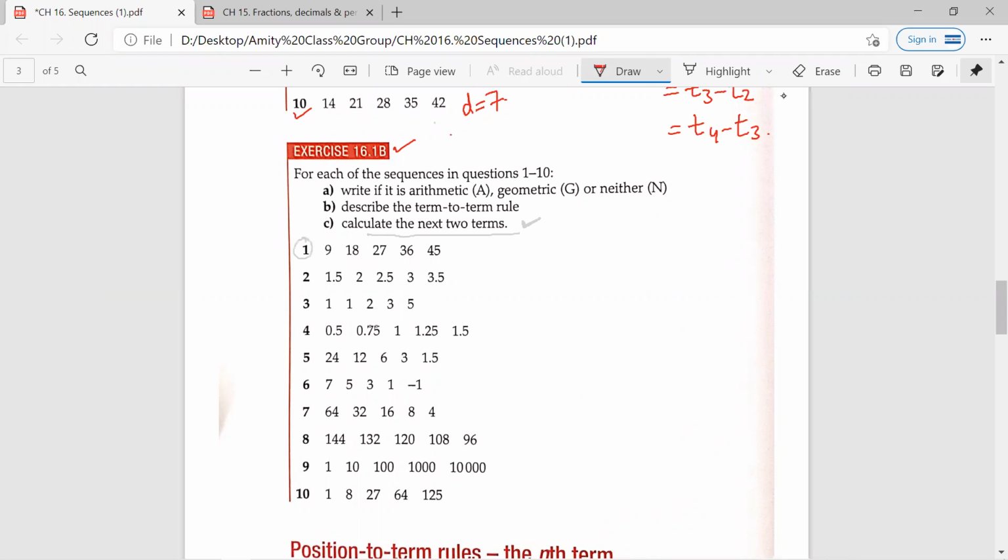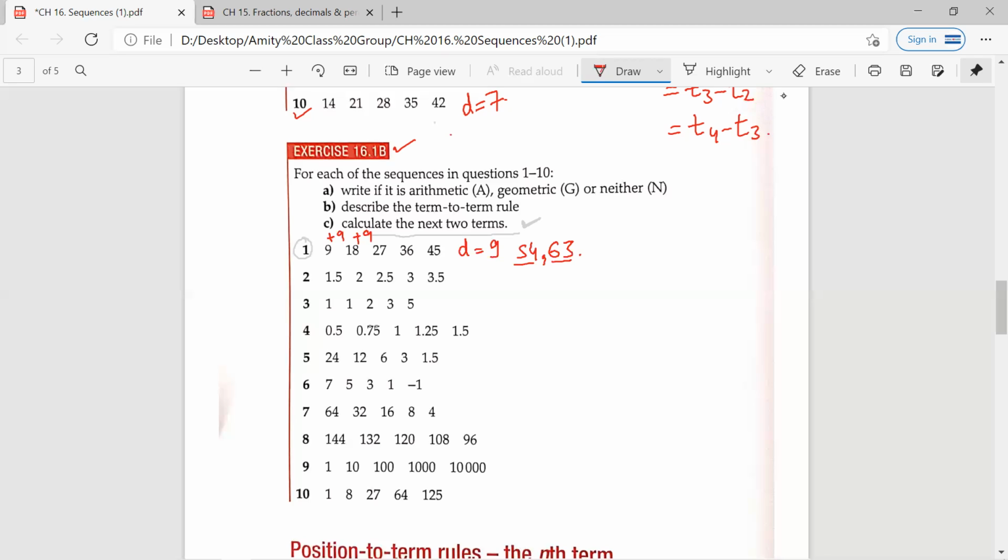Soumyaji, do you agree? Yes, sir. So the common difference is 9. Next two terms will be 45 plus 9 would be 54 and 54 plus 9 would be 63.